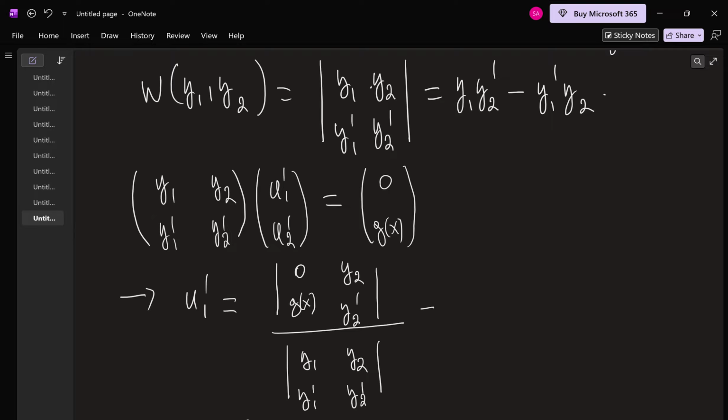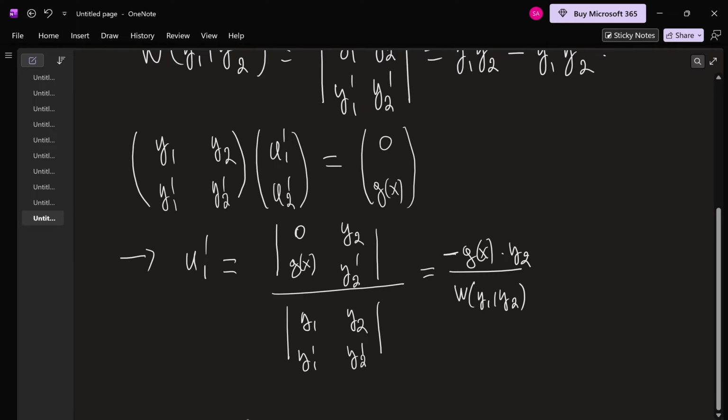Remember that the denominator is the Wronskian, W of y1 and y2. Now we compute the determinant of the numerator, which is 0 times y2 prime, which is 0, minus g of x times y2. So this is the first solution.